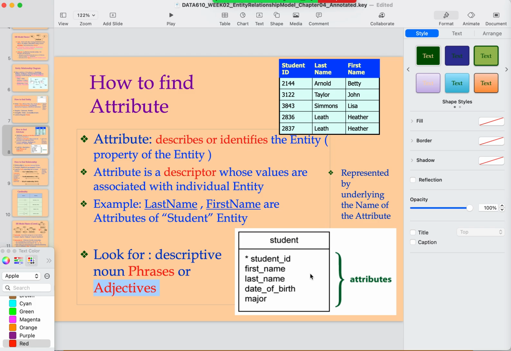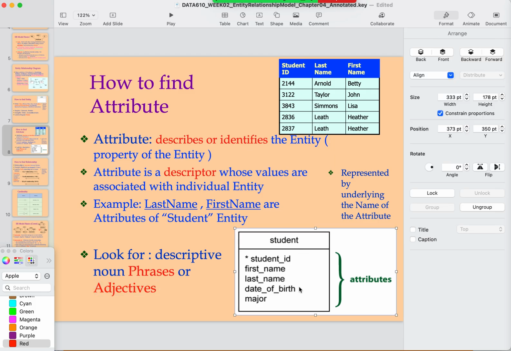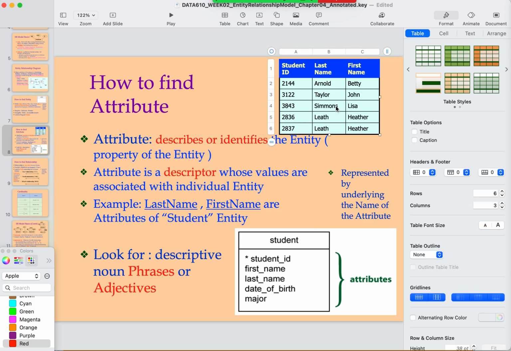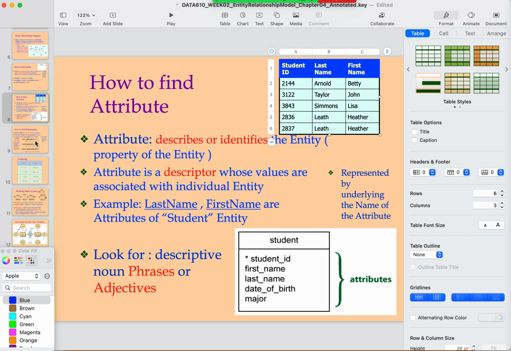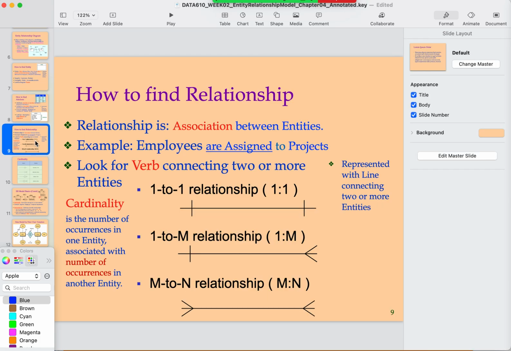So if we look at here, the student entity, its attributes are student ID, first name, last name, date of birth, and major. If we look at the database, these attributes are also columns from the database. So student ID is column 1, last name is column 2, first name is column 3, in a relational database.